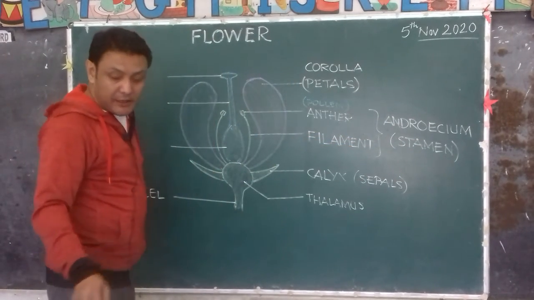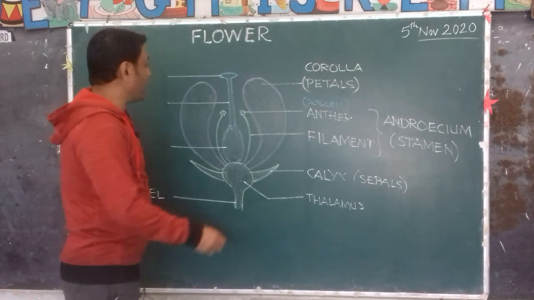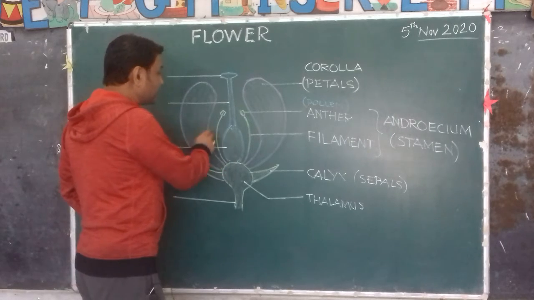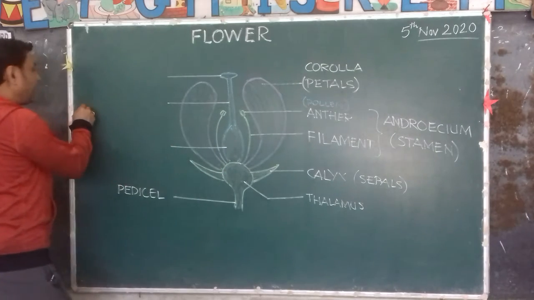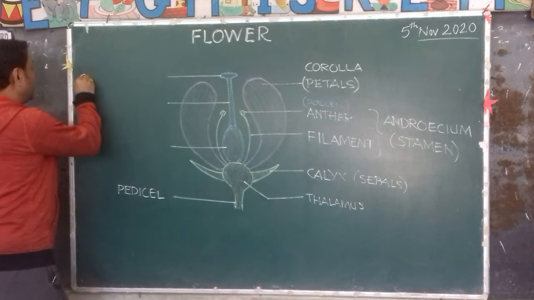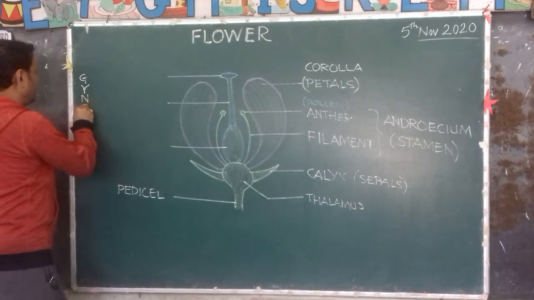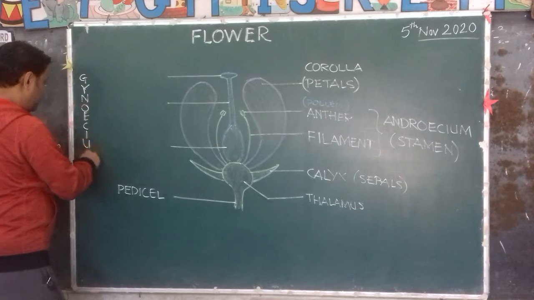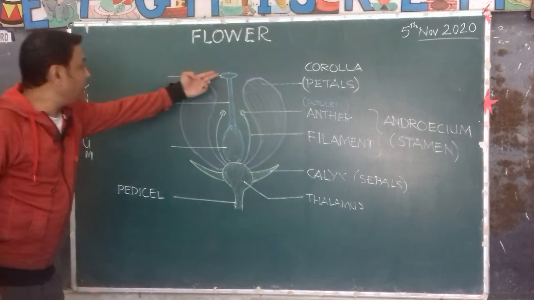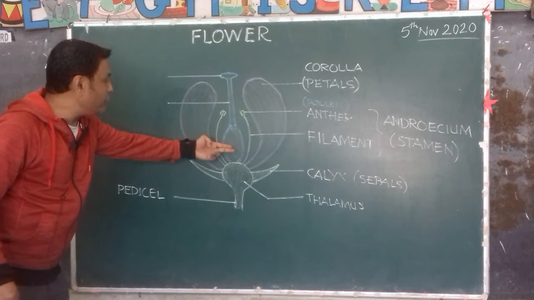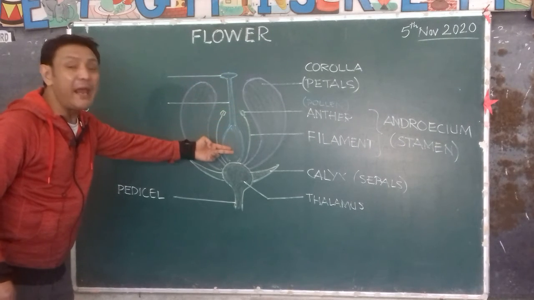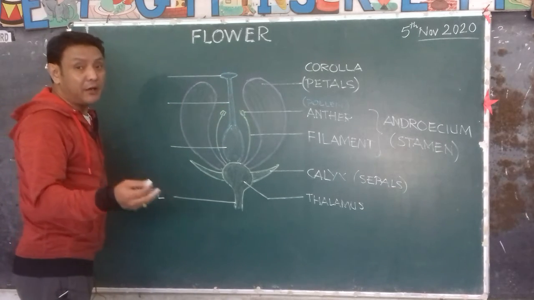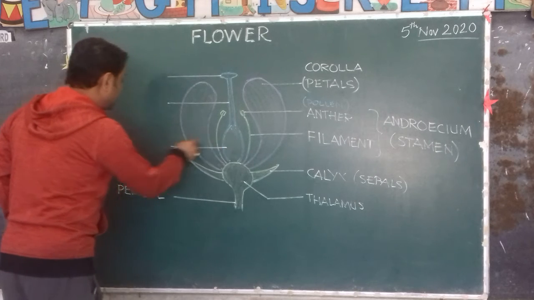Now, we come to the innermost whorl of the flower, the fourth whorl, that is the gynoecium. The whole structure in the center, as you can see, is the female part of the flower, which is known as the gynoecium. Now, what are the three parts of the gynoecium? This is the ovary.